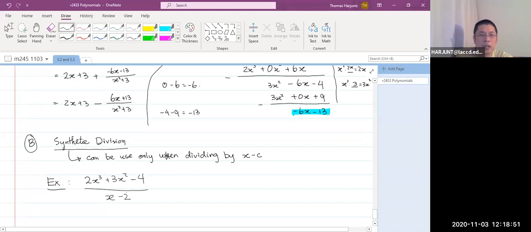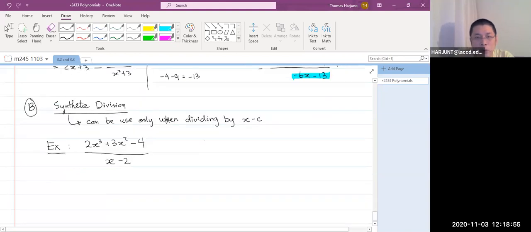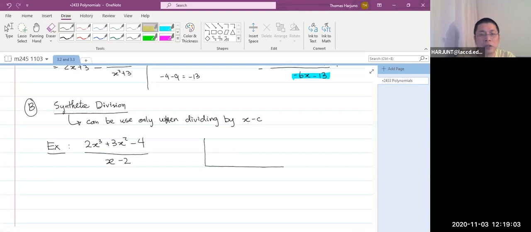Now, the way synthetic division is done is the following. We will draw a rectangle like this, in which the first row is the coefficients of the numerator.